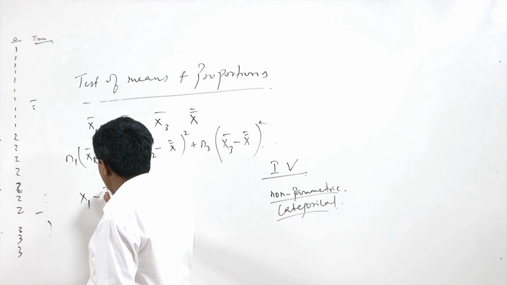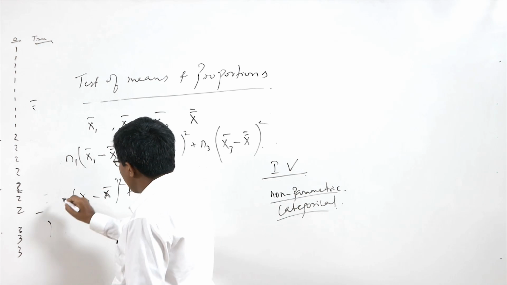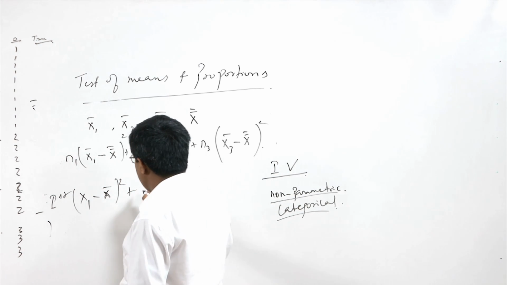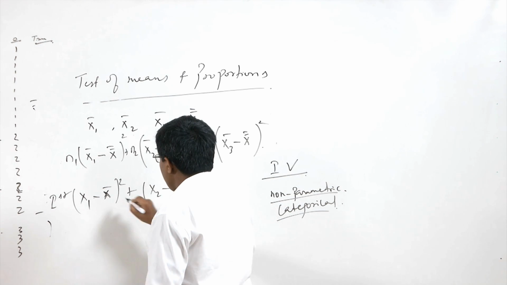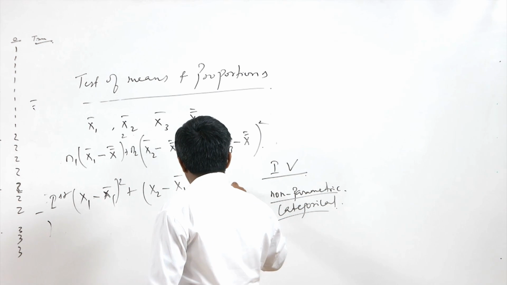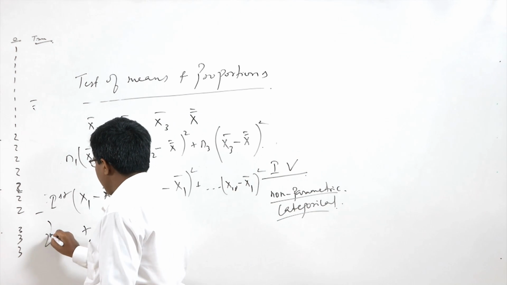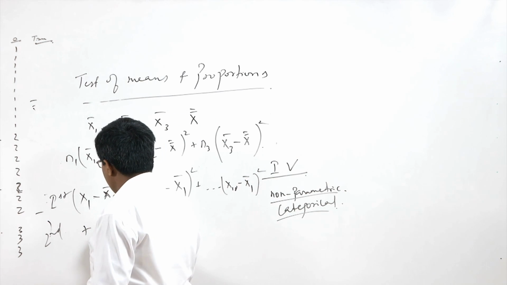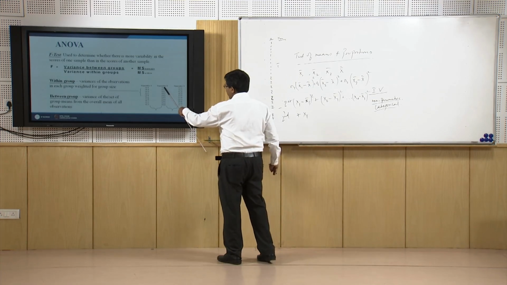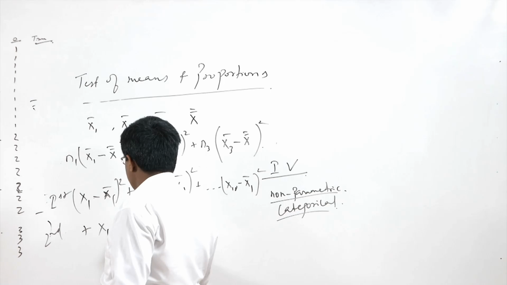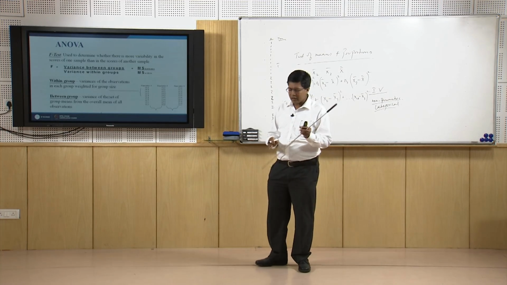So, x1 minus x1 bar squared, plus x2 minus x1 bar squared, and it goes on till x10 minus x1 bar squared. Then for the second group, x1 minus x2 bar squared, and so on. You have to find the within group for all 3.